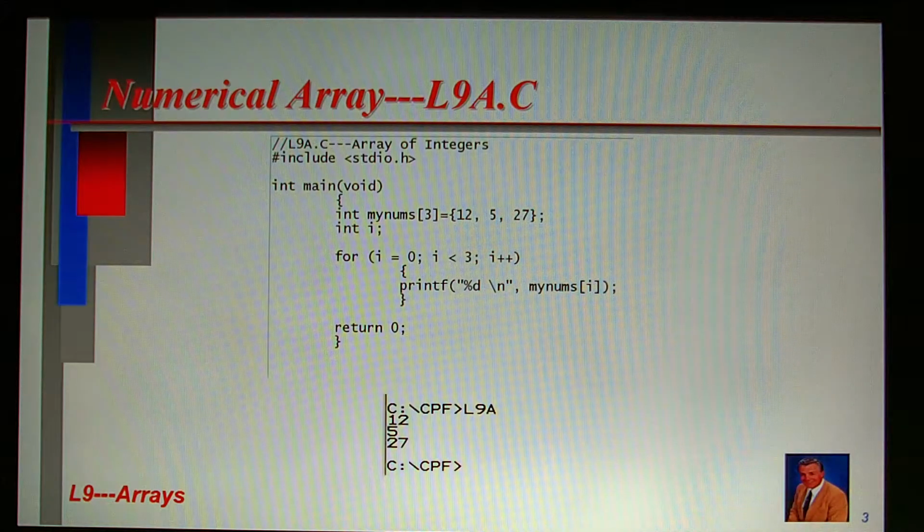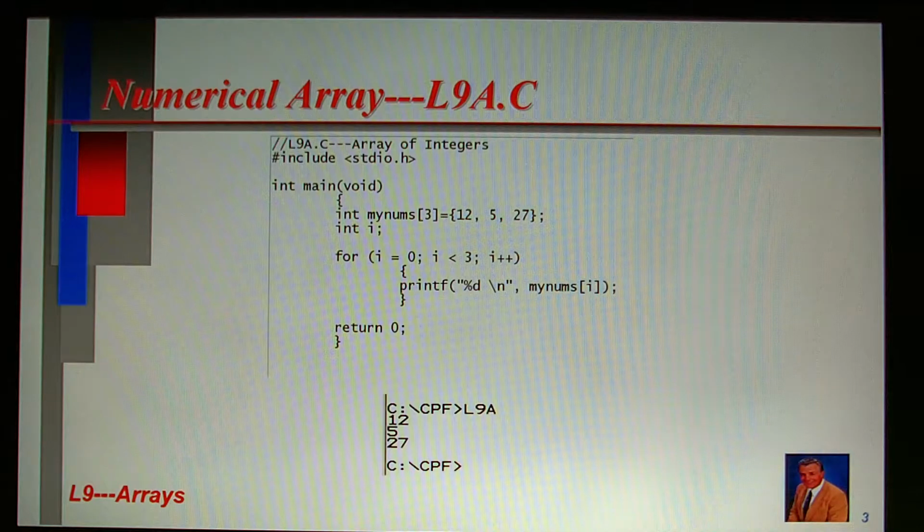The equal operator makes the computer program instruction an assignment instruction by assigning 3 integers to the 3 integer elements declared for the array mynums. That's the {12, 5, 27}. In this case, 12 to the first element, 5 to the second element, and 27 to the third element.